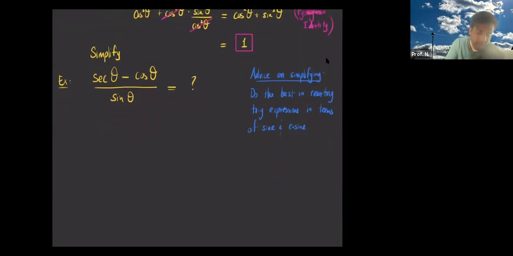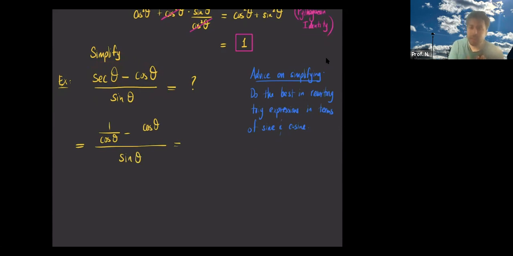So for example, in this expression here, it looks kind of complicated because you have a fraction, then you have cosine and sine, and then you have secant in it. The thing is, secant, I can rewrite it as 1 over cosine. Now, look what kind of expression I get here.